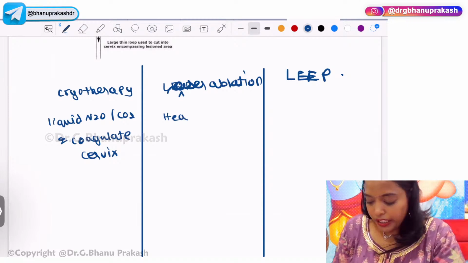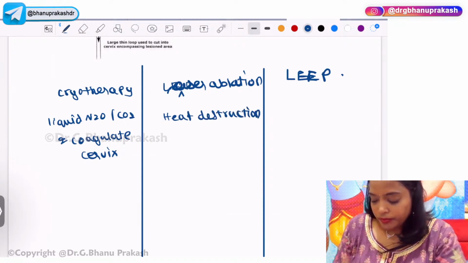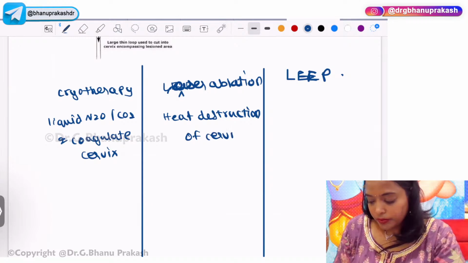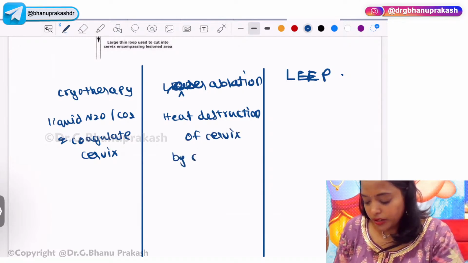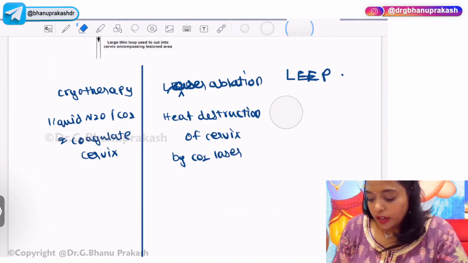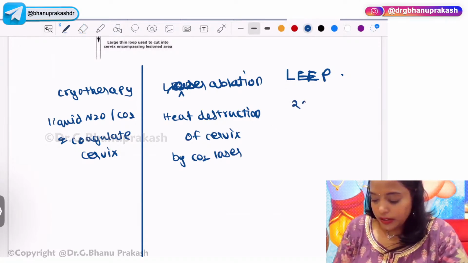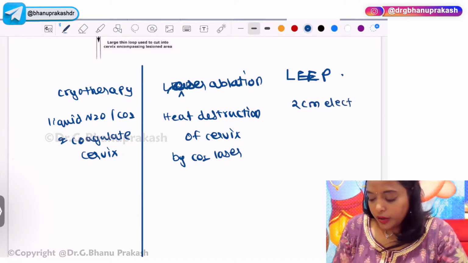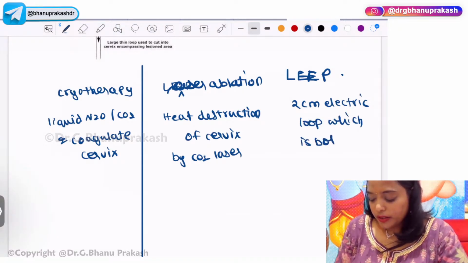Here, in laser ablation, you're going to do heat destruction of the cervix by CO2 laser. Here, in LEEP, you have a 2 centimeter electric loop, which is both cutting and coagulating.